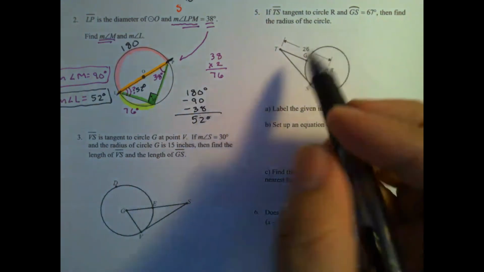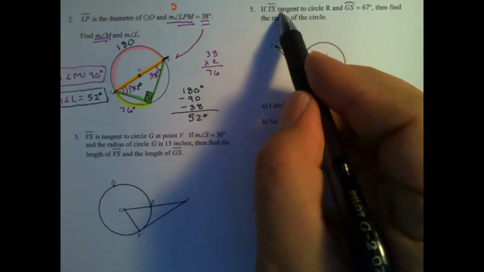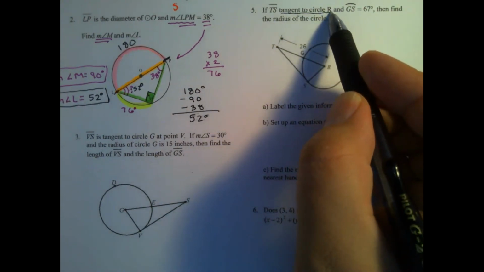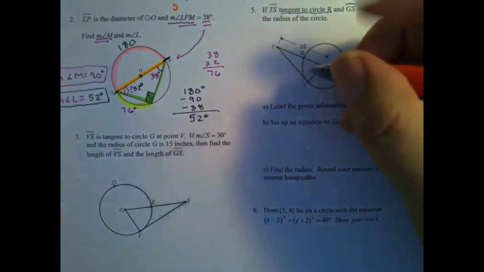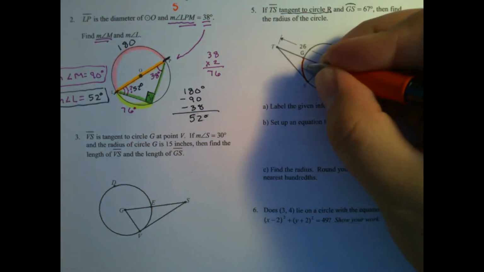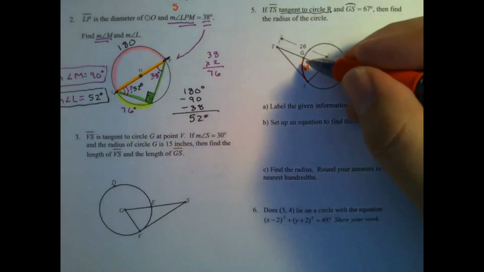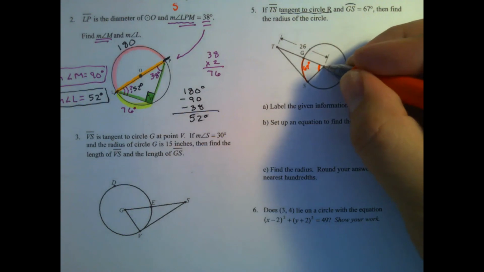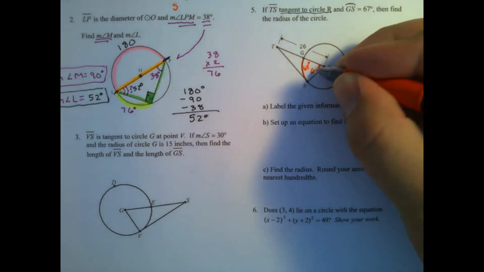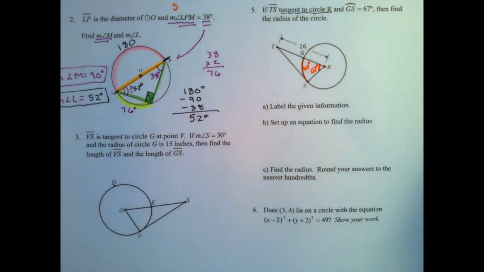Let's see. If TS is tangent to a circle R and GS is 67. So they said, now check this out though. They said from here to here is 67. But remember, when the arc has an angle attached to it right at the center, then this angle is also 67.